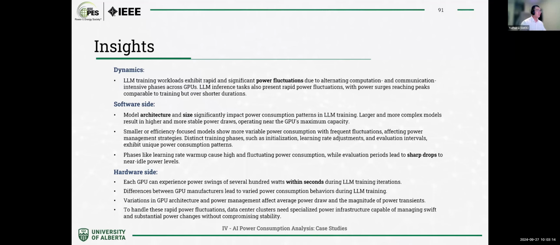Different GPU manufacturers also lead to varied power consumption, and different GPU architecture and power management will affect the power consumption as well. This gave us the hint to think about how we can deal with those rapid power fluctuations.